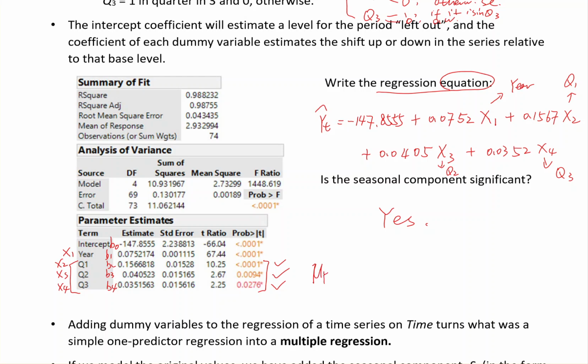Mu of yt equals beta 0 plus beta 1 x1 plus beta 2 x2 plus beta 3 x3 plus beta 4 x4, right? So this is for Q1, this is for Q2, this is for Q3, this is for the year.